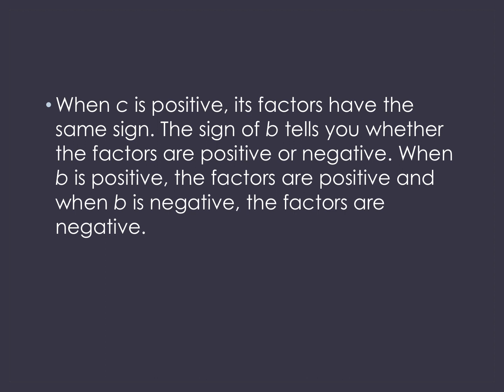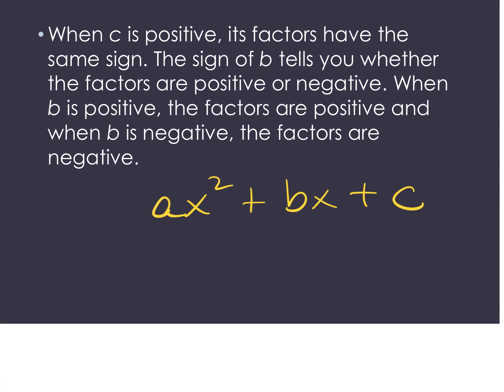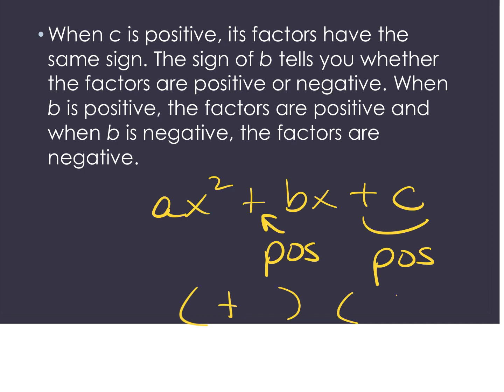So let's say it's ax squared plus bx plus c. So when this is positive and this is positive, then both signs in the binomials are going to be positive.